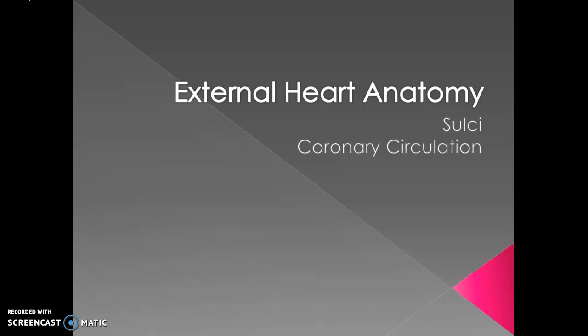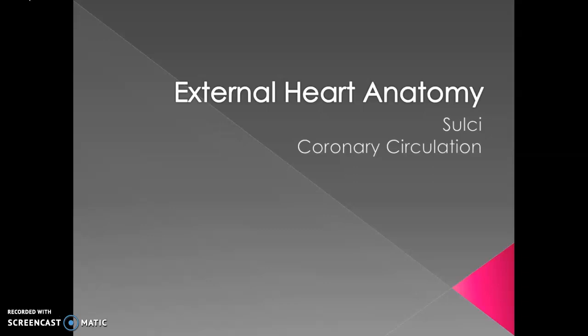Now, a few terms. First, we have structures called sulcus, plural sulci, and these are nothing but depressions on the surface of the heart. Again, hear me please. Sulci are depressions on the surface of the heart. And remember, these depressions are there for a reason.